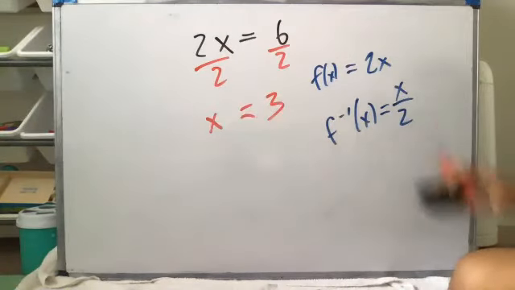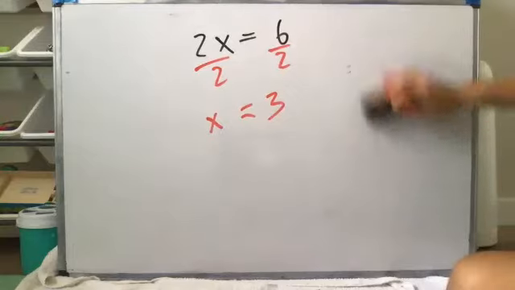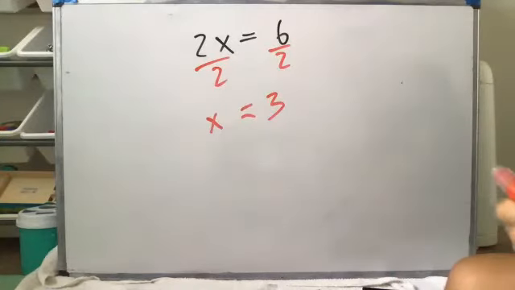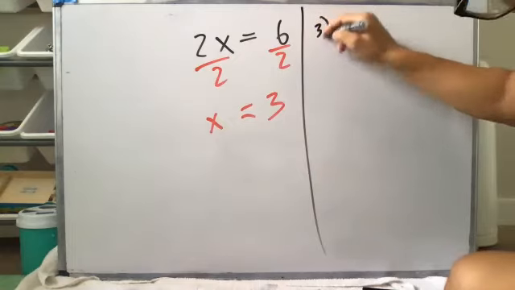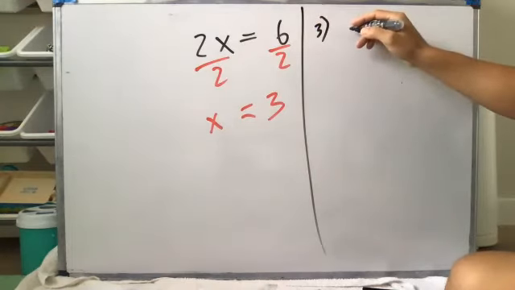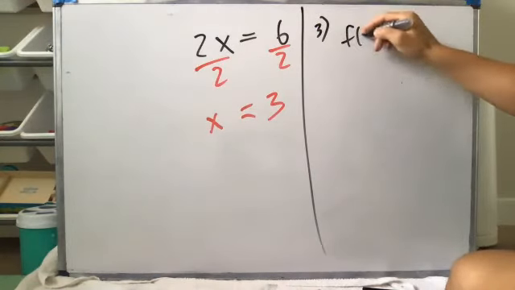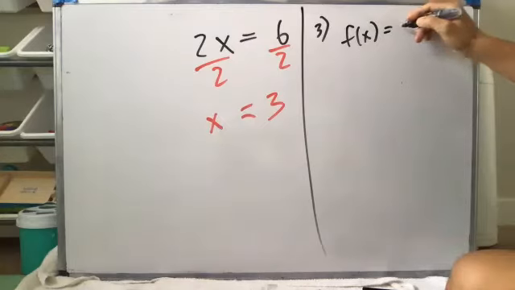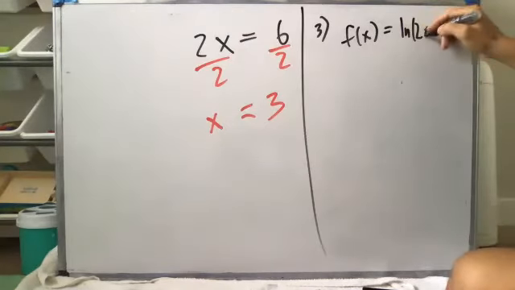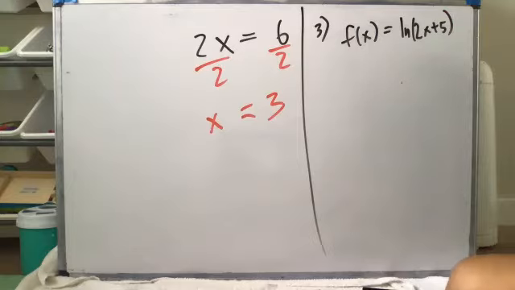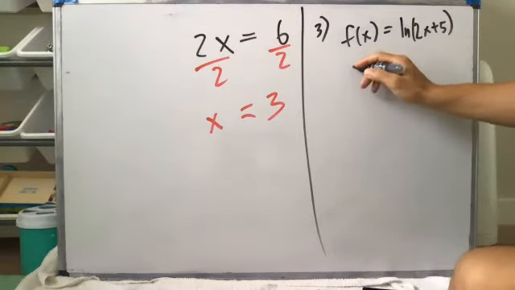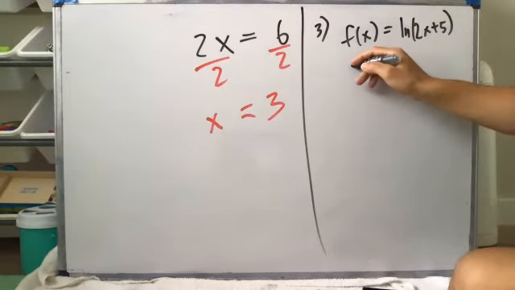Okay, so the same principle is going to carry over when we're doing these log functions. Let's look at number 3. We're trying to figure out the inverse of this function, f of x is equal to ln of 2x plus 5. Remember, to find inverse functions, the first thing we do is switch to y.